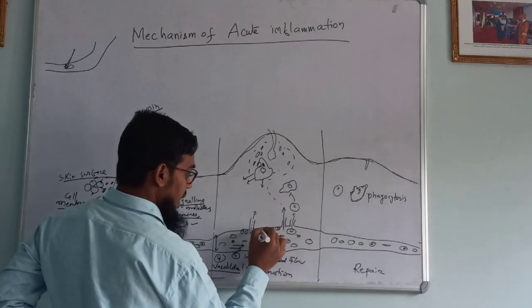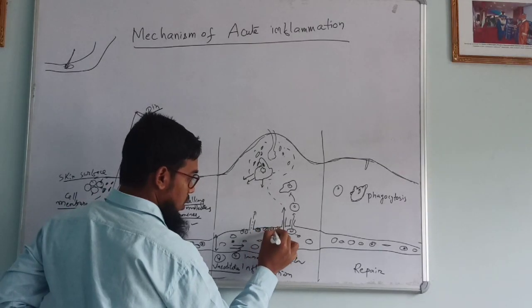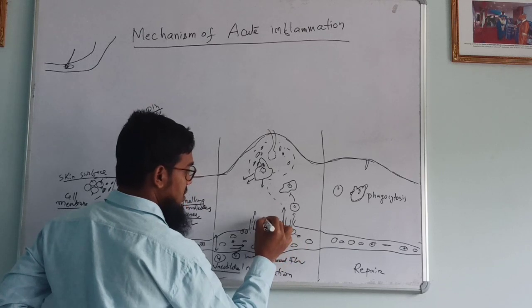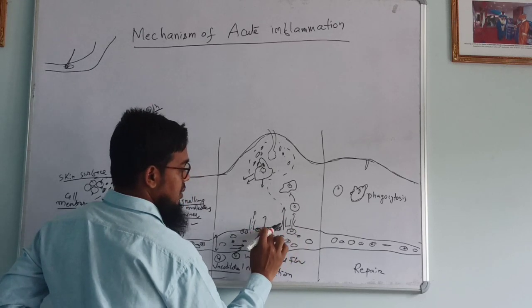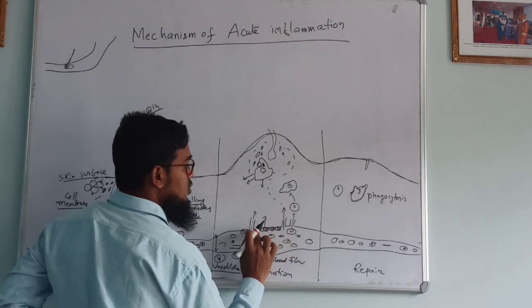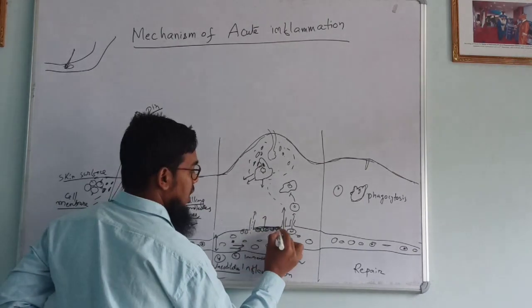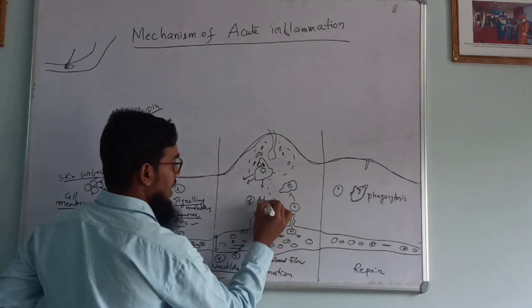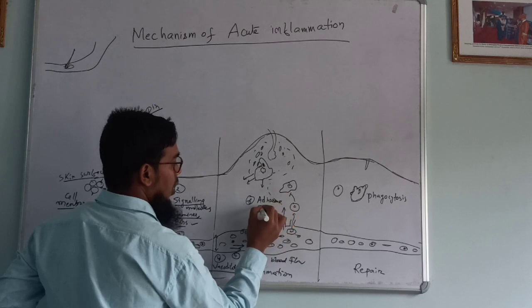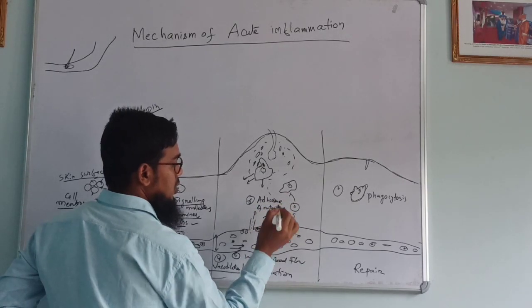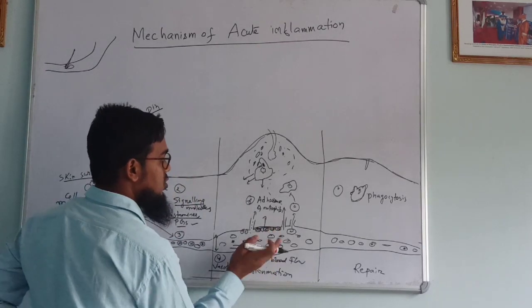In our blood, the WBCs called neutrophils, these are the neutrophils, will adhere to the surface of the blood vessels. Sixth is the adherence of neutrophils.